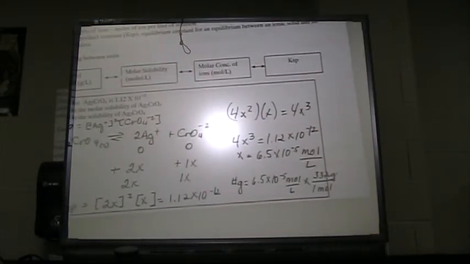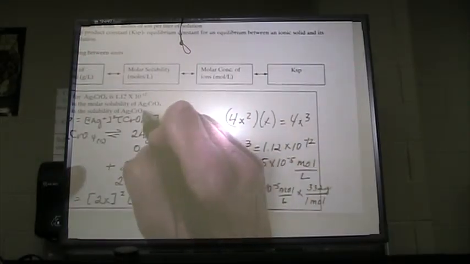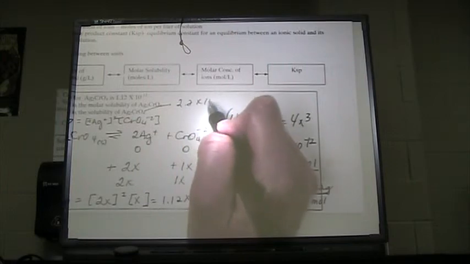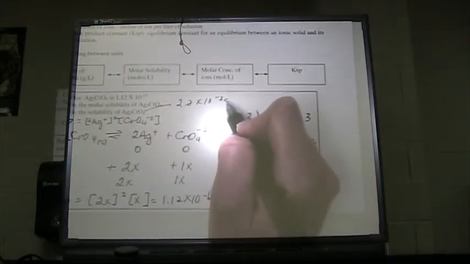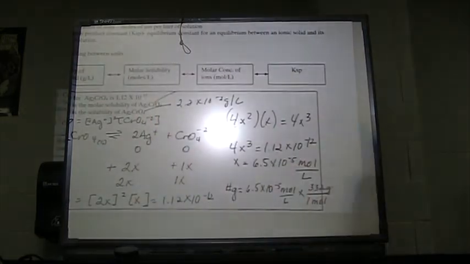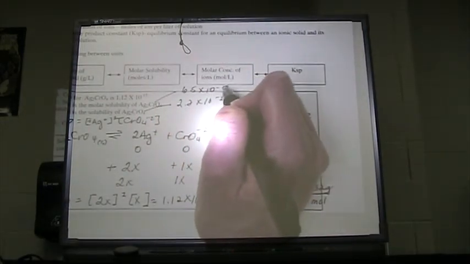So my solubility will be 2.2 times 10 to the negative second grams per liter, while my molar solubility was 6.5 times 10 to the negative fifth moles per liter.